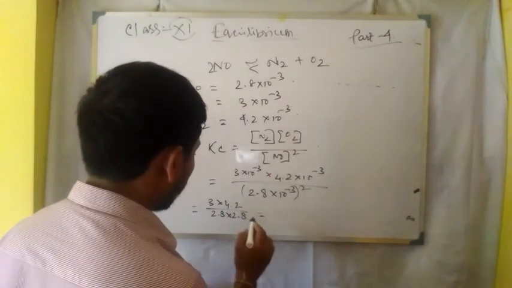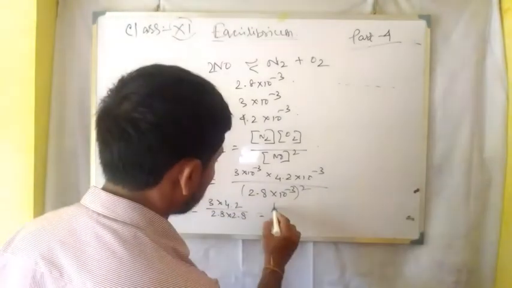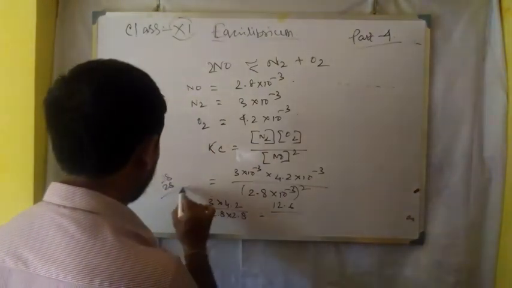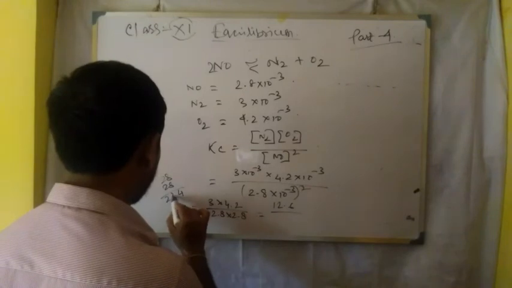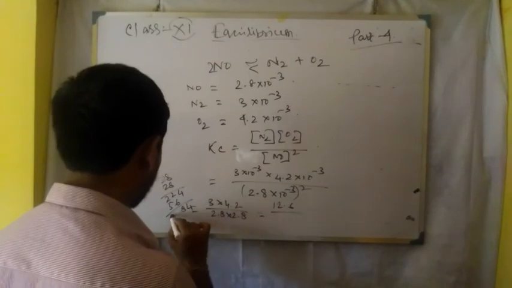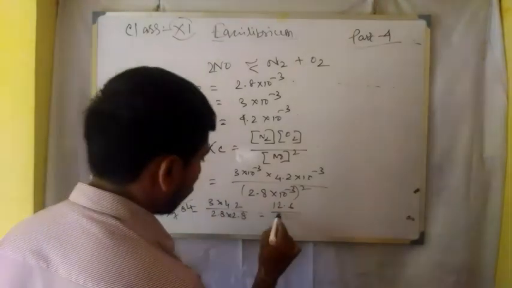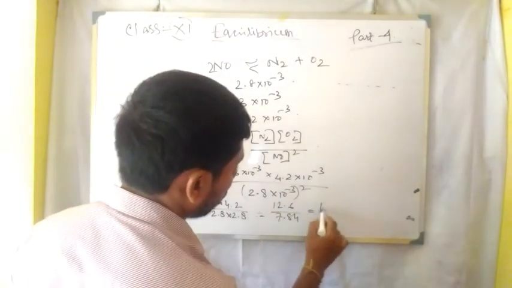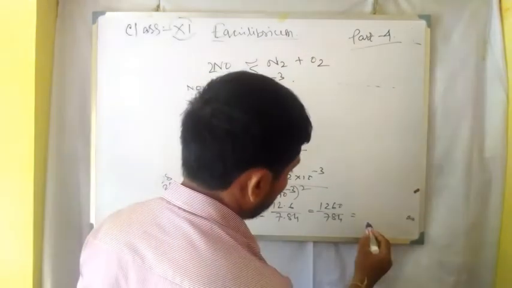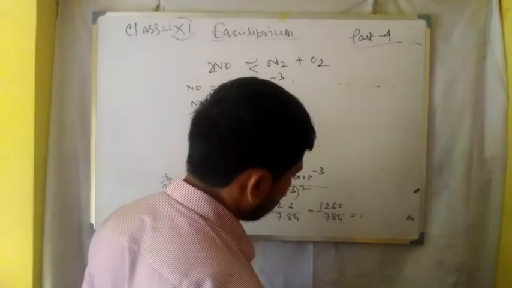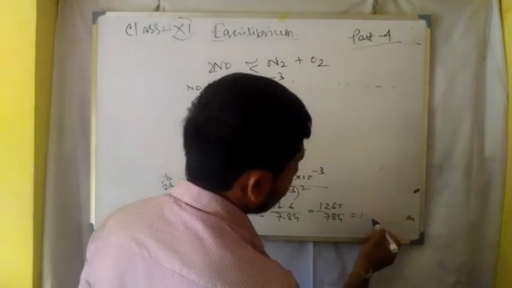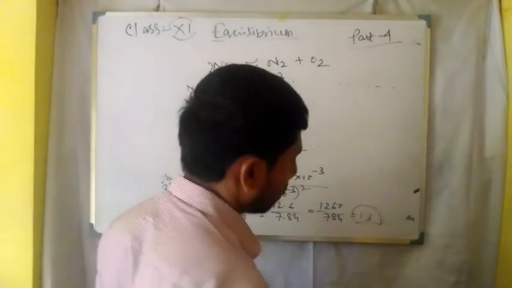Now it will be 12.6 divided by 7.84, so 1260 by 784, which is approximately 1.6.